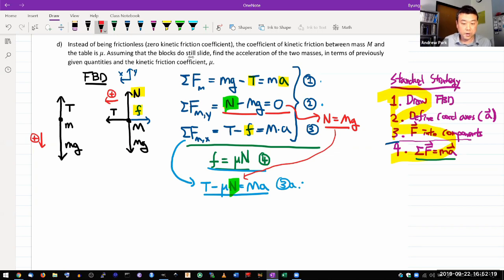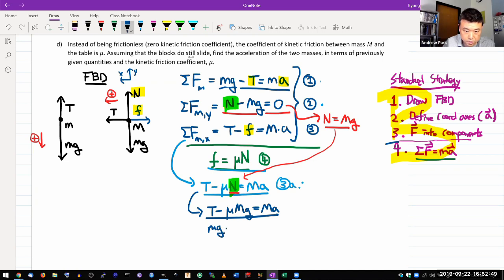Here I have only one equation where I need to eliminate it, but if it were somehow in this other equation, then I would do it there too. So using that, this becomes T minus mu mg is equal to ma. So this is my one equation, and I have one more equation that I haven't used so far. Let me just copy that down here: mg minus T is equal to ma.